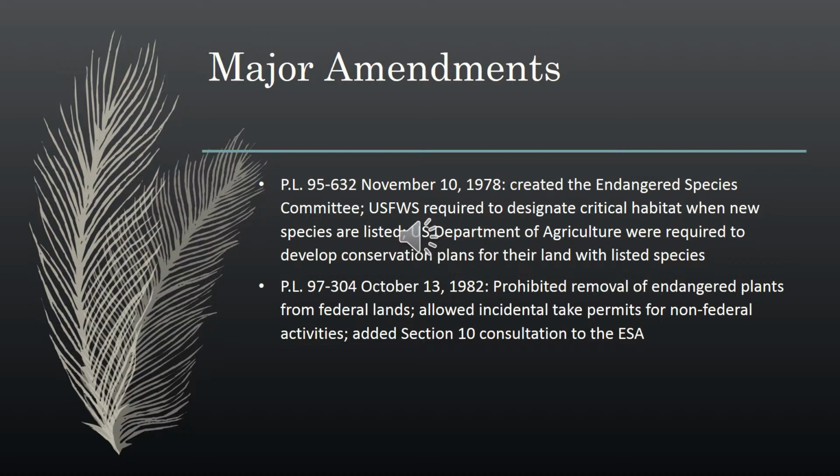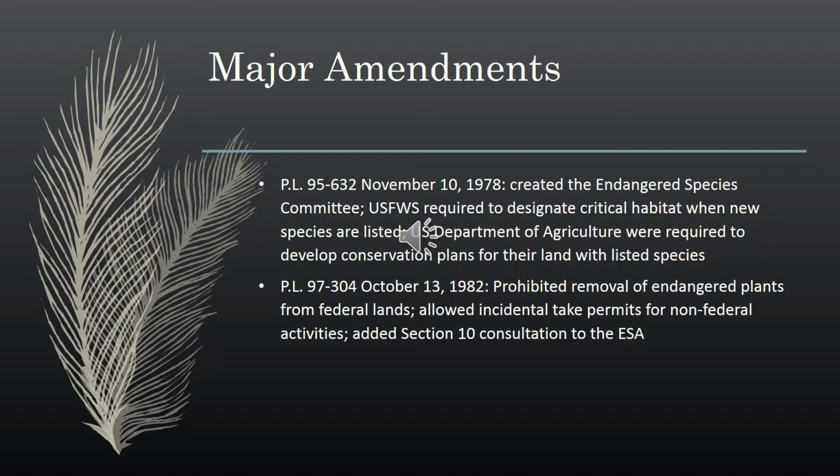Major amendments to the Endangered Species Act. In 1978, under Public Law 95-632, a committee was created, identified as the Endangered Species Committee, and the U.S. Fish and Wildlife Service was now required to designate critical habitat when new species were listed, and the U.S. Department of Ag was required to develop conservation plans for their land with listed species.